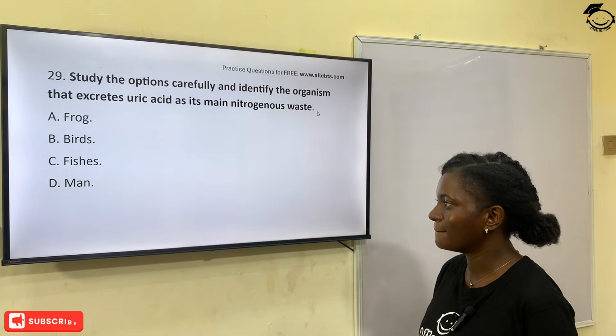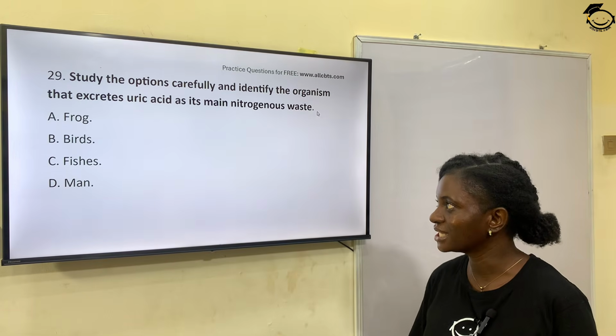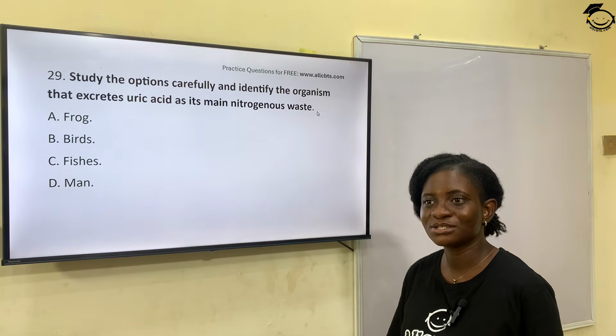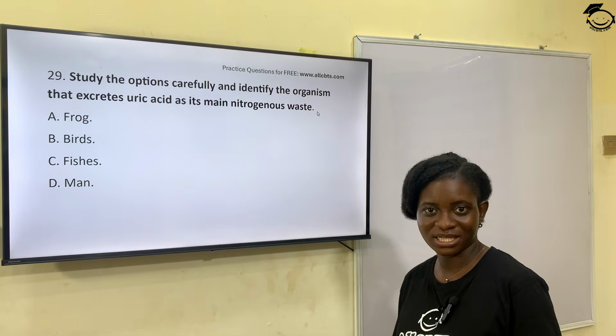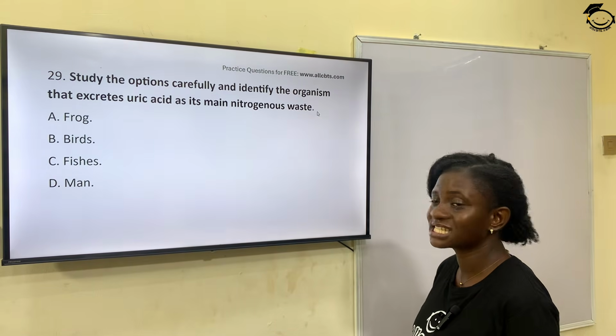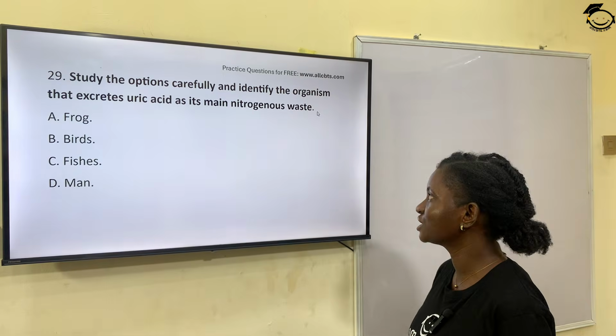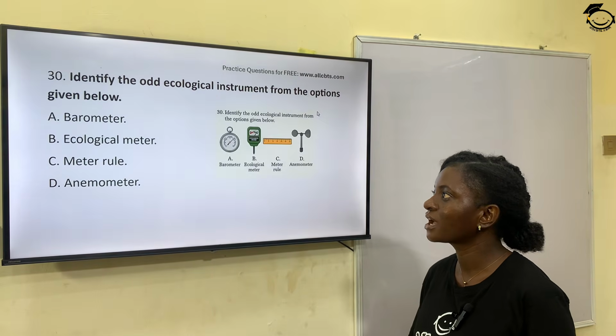Option D, man. So the correct answer is birds, option B. They excrete uric acid. Those white droplets from birds are waste, and they contain uric acid. So they excrete uric acid as their main nitrogenous waste. Option B is the correct answer.